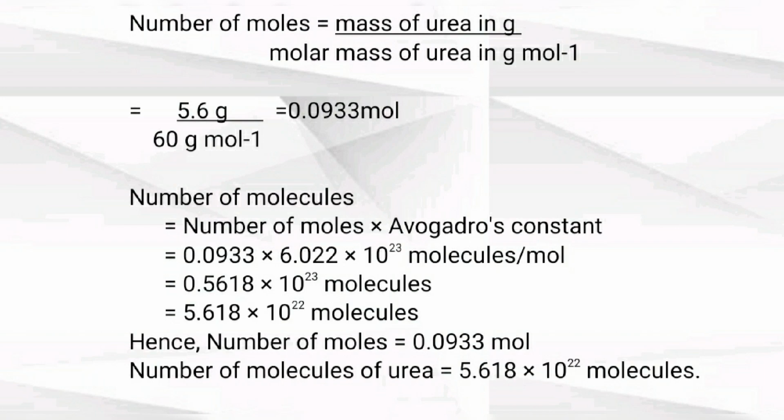See here, the result came 0.5618 into 10 raised to power 23 molecules. After conversion, we will get 5.618 into 10 raised to power 22 molecules. Hence, the number of moles found here is 0.0933 mole and the number of molecules of urea is 5.618 into 10 raised to power 22 molecules in 5.6 gram of urea.